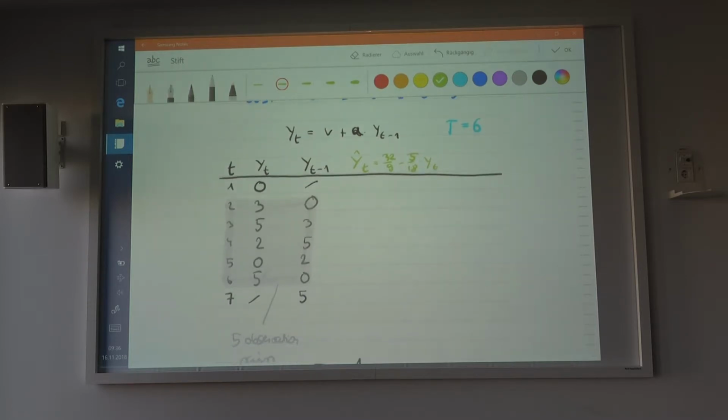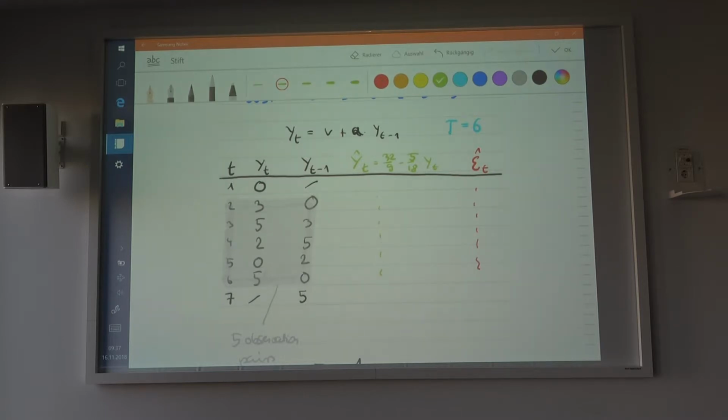If you would calculate this, this is what you would get here. So you use the data observations. The first one would be 32 over 9. The second one you can do on your own if you like. And after that, you could also calculate the residuals. I'm not going to do this, but maybe you can.